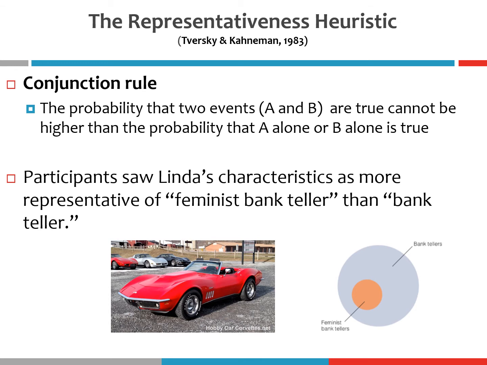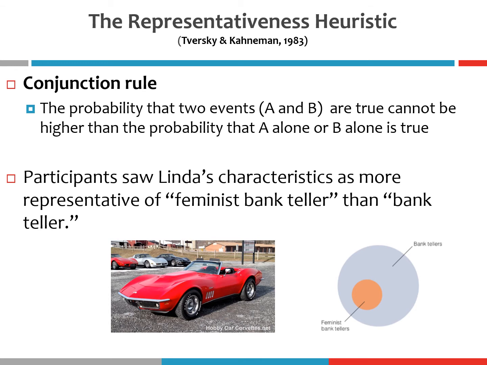Why is that? Well, it's because these events together, having a Corvette and having a red Corvette, define a smaller number of cars than any single event, right? So the pool of cars that satisfy the requirements of being a Corvette and red is going to be smaller than the pool of cars that satisfies the constituent of being a Corvette alone, right?